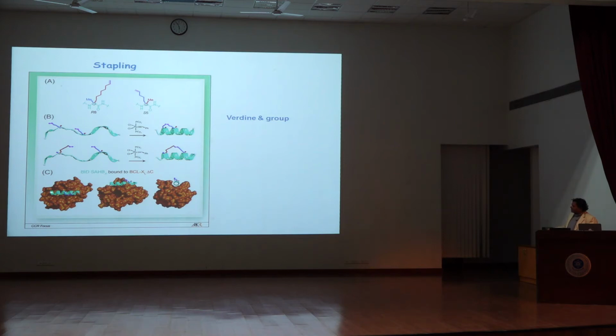So you want to constrain it as a helix, so you find two positions where you will replace the existing amino acid with this amino acid. These are unnatural amino acids. When you do this in your synthesis, then there is a ruthenium catalyst with one step. It clicks the two into place as a staple. That's why it's called stapling technology.